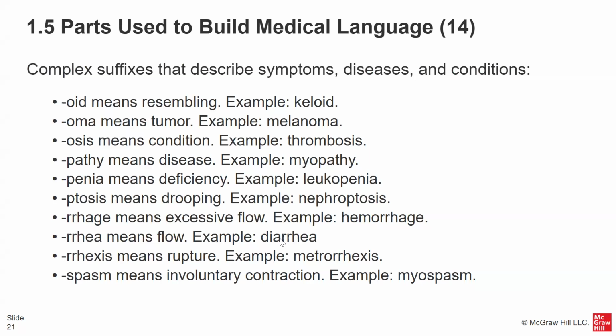But when we break it down into its word parts, dia means all, or all-encompassing, and then rrhea means flow. So this is where all of your colonic contents are coming out. Diarrhea. Myopathy, disease of the muscle, and so forth and so on.